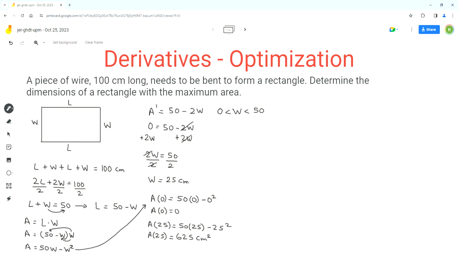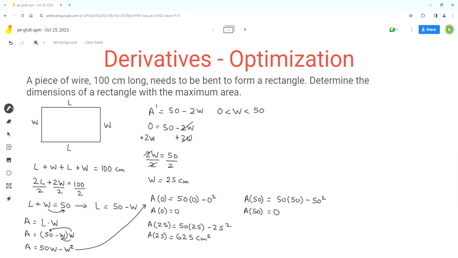And next we'll have to find the area at W equals 50, because that's the upper limit for the width. So that will be 50 times 50 minus 50 square. So A at 50 equals 0.